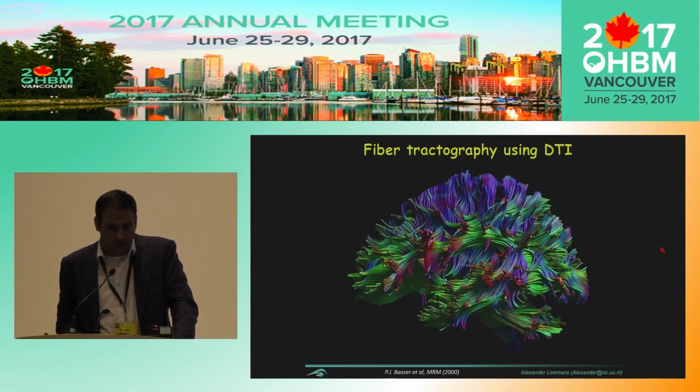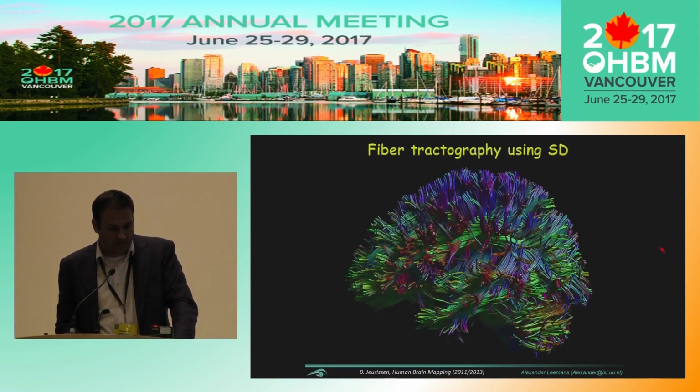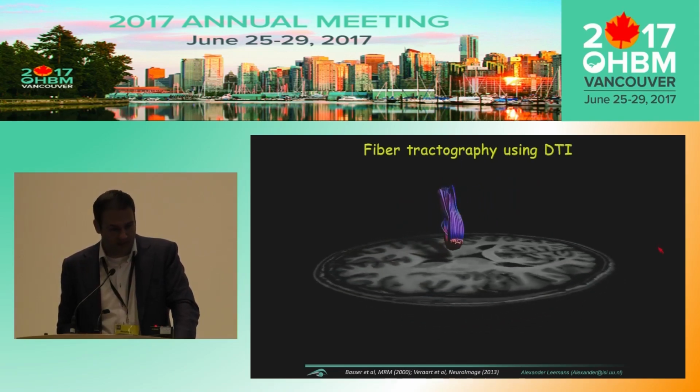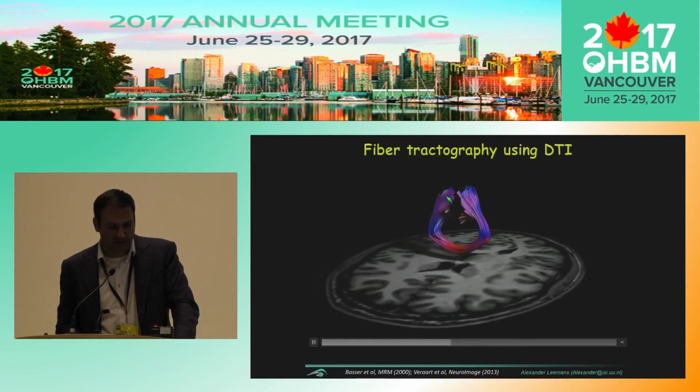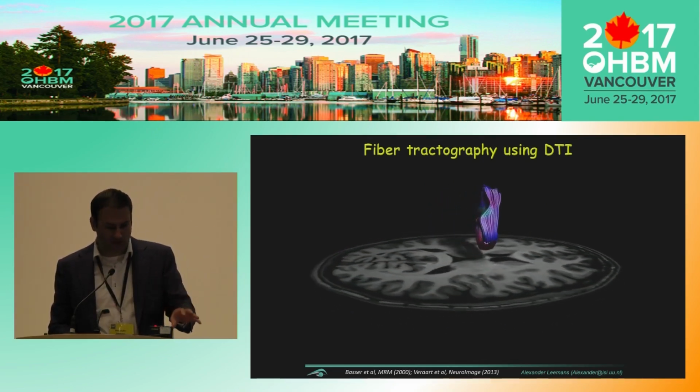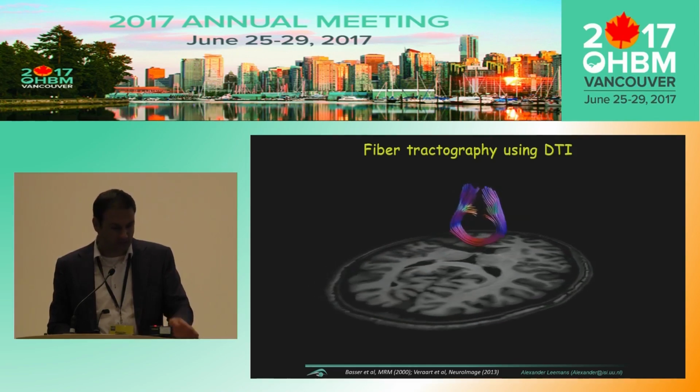If you're looking at whole brain tractography over here, this is just showing you the difference. And if you look at a specific region over here, mid-coronally, part of the corpus callosum, you can clearly see these U-shaped pathways. And if we then use the same data, same seed region, but then a different model, you'll get something like this.